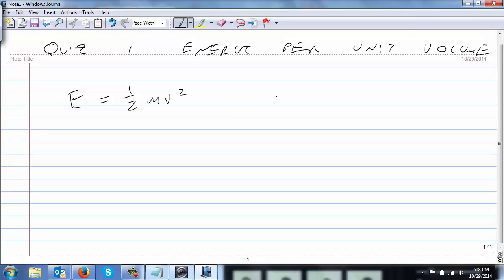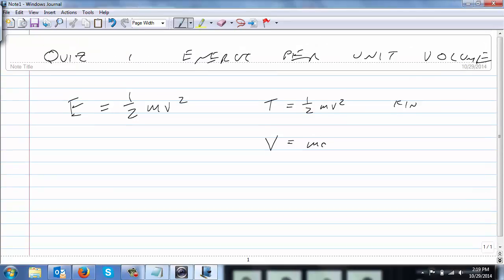One thing you might see, as a side note, if you ever end up in an engineering course, is it written this way: T equals 1/2 mv squared. Bizarrely, if we were looking at a potential energy, so this is obviously kinetic, I'll just put that up here, you would see, don't ask me why, V equals mgh for potential energy.